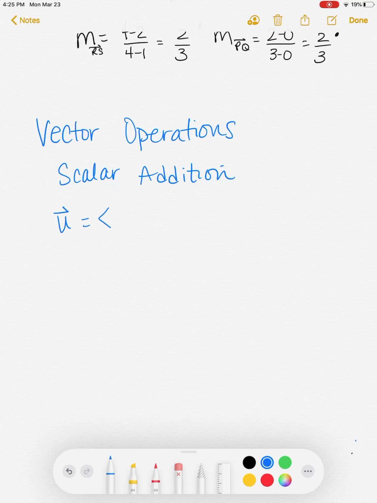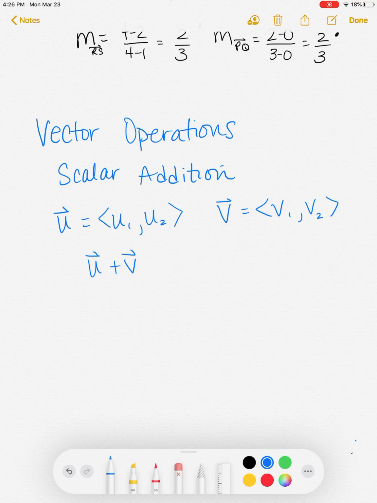We're going to call it vector u, and it has the components u1 and u2. We have vector v, and we're going to give its two components v1 and v2. So we can sum two vectors.